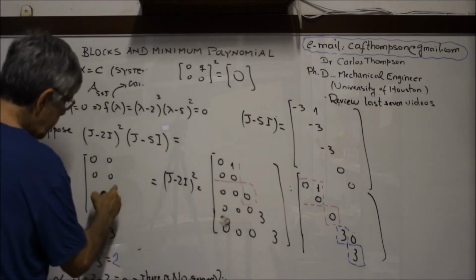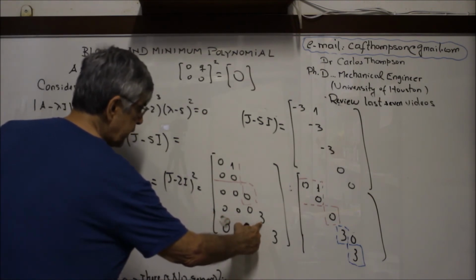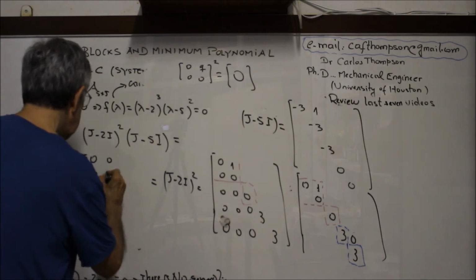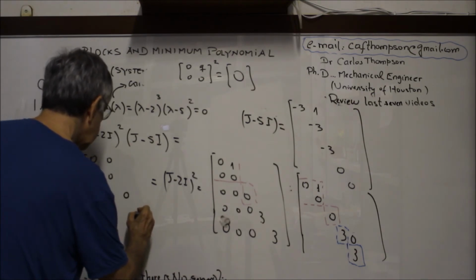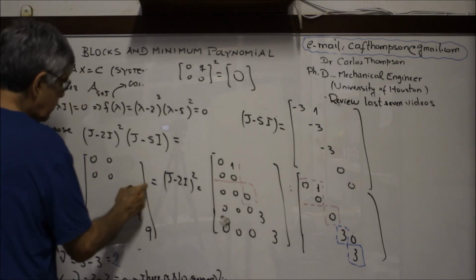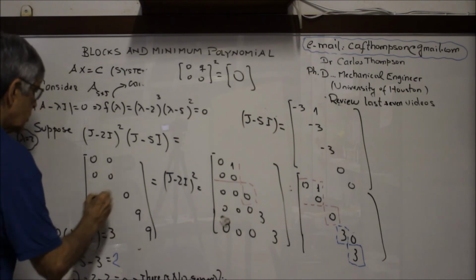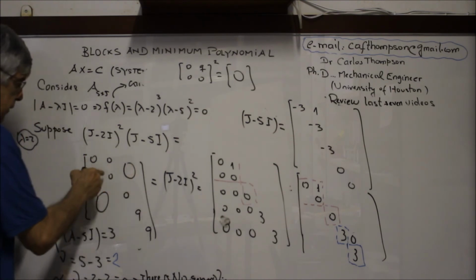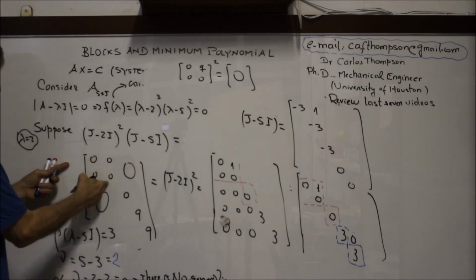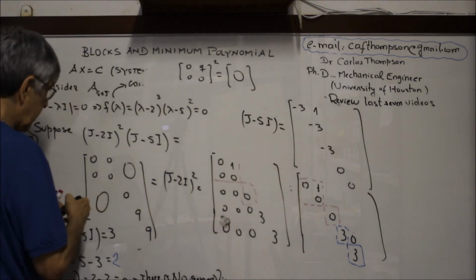Now here I will have 9 and 9, 3 times 3 is 9. This is 0, 0, now 9 and 9. This is J minus 2I squared. This is 0 here and 0 there. There is no 1 here anymore because I multiplied this by this, so my matrix is 0.